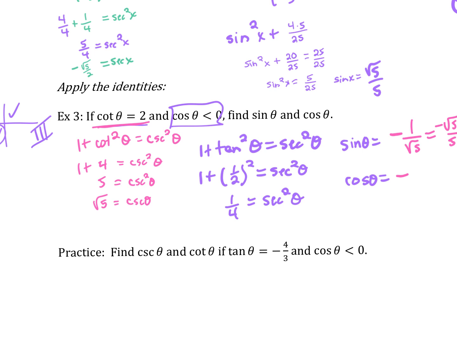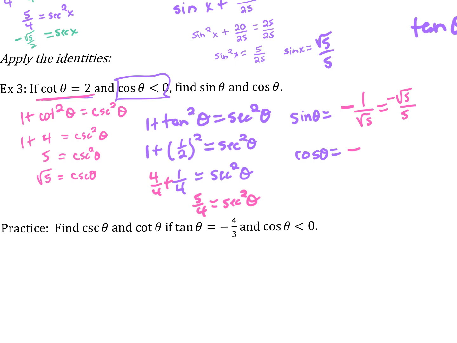I'm going to rewrite this 1 as 4 over 4. And we've already decided on our sign, so our secant of theta is root 5 over 2, so cosine, when we rationalize that, is gonna be 2 root 5 over 5, and that's gonna be negative because of the quadrants we're in.